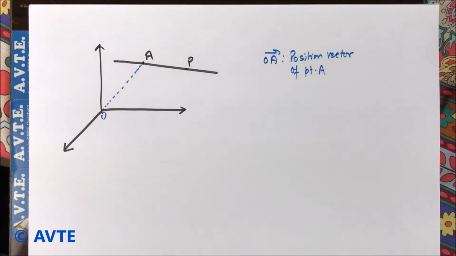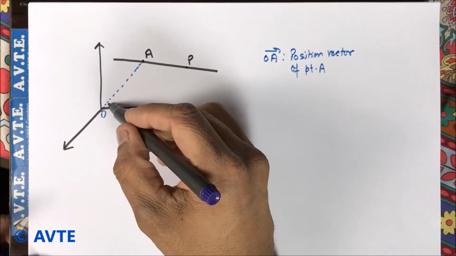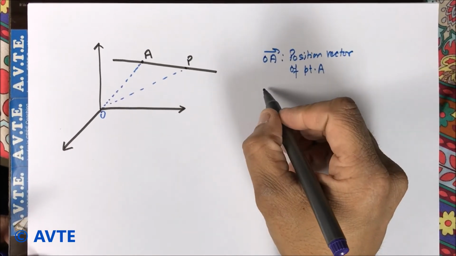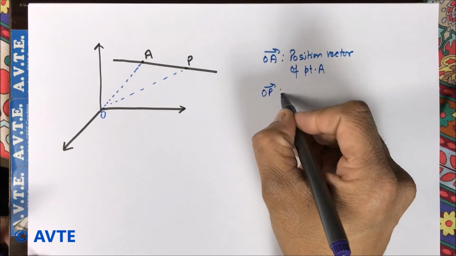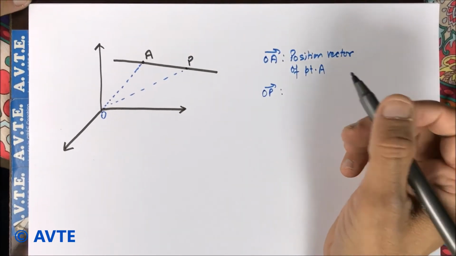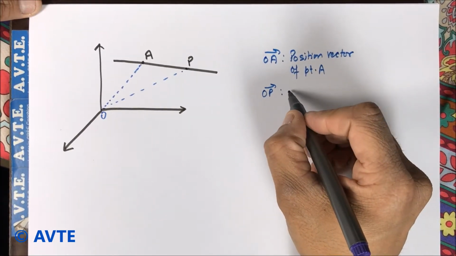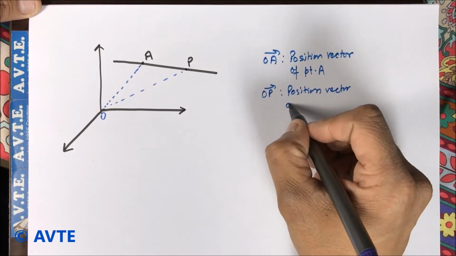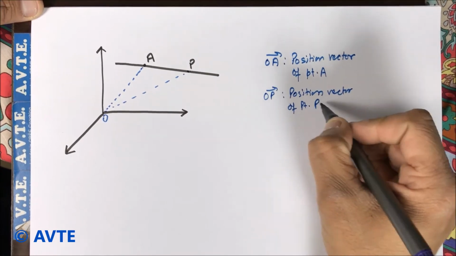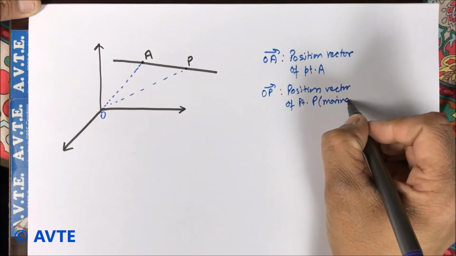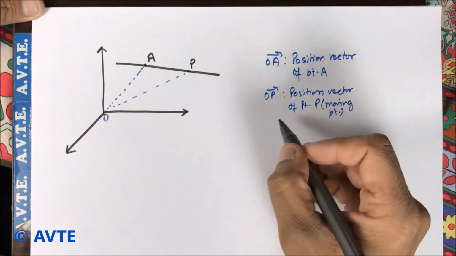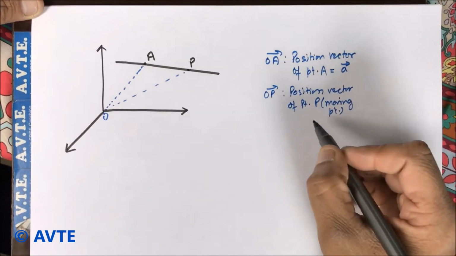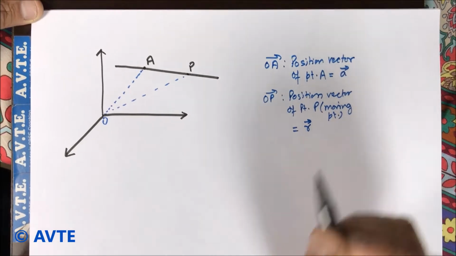And because it is a vector, there is a position vector assigned to it. That is OP. I can take OA as the A vector and OP as the R vector.